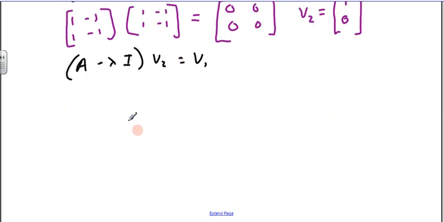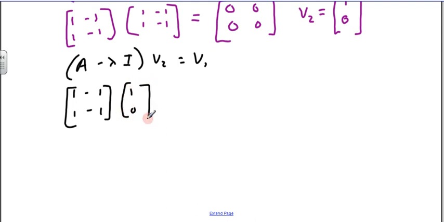Okay, so A minus lambda I, 1 minus 1, 1 minus 1, times 1, 0 is V1, which is going to be 1, 1.